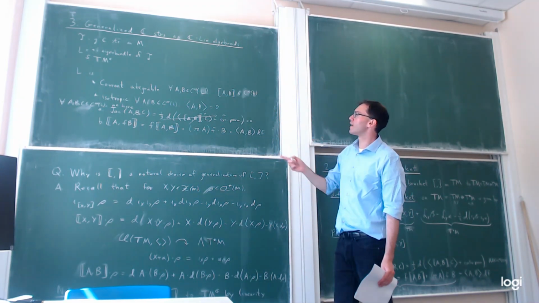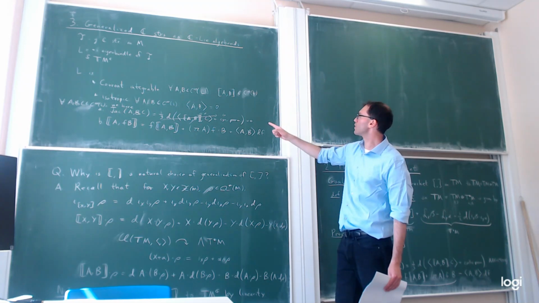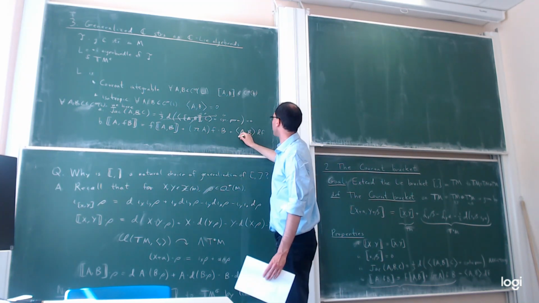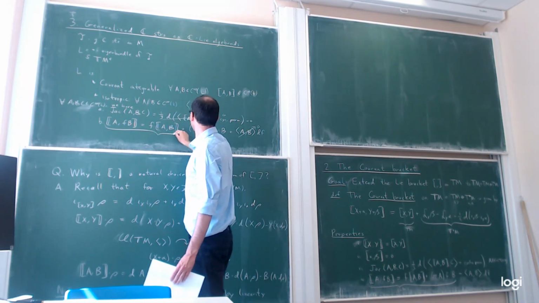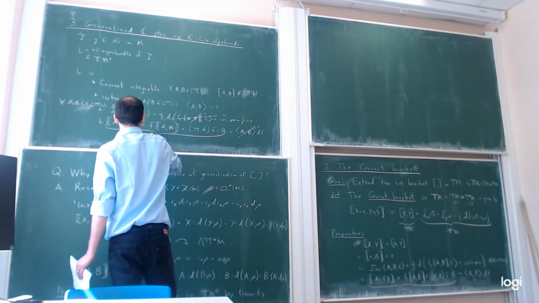But again, since L is isotropic, this canonical pairing vanishes. And so we're left with the Leibniz condition.